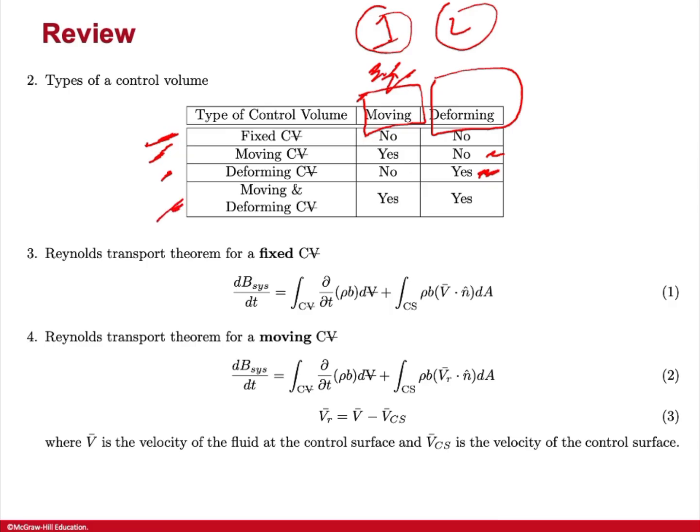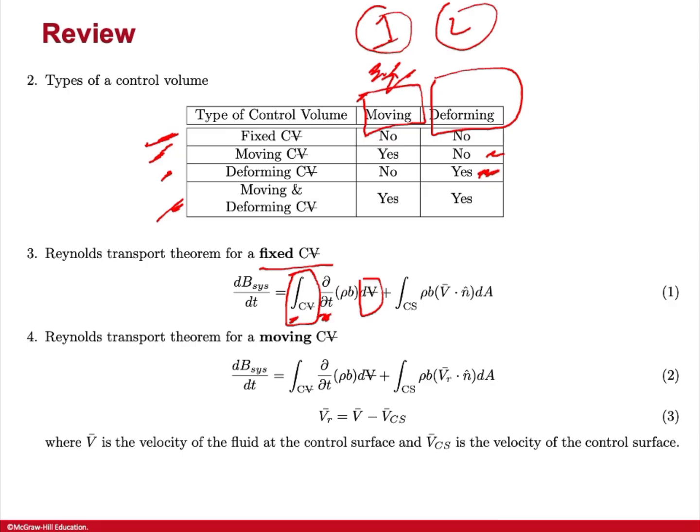So like we talked about, for the Reynolds transport theorem, for a fixed control volume, you can take the time derivative inside because your control volume is fixed, right? So the control volume is not changing its shape or volume, hence you can take it out of the time derivative.